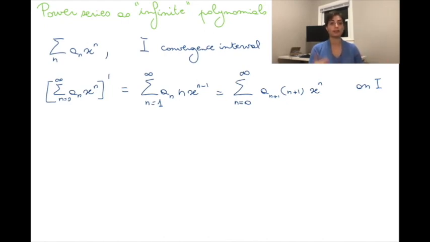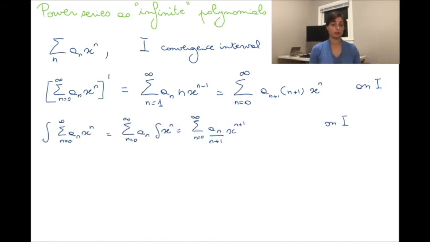So for example, we can take derivatives. A derivative of a power series is the sum of the derivatives. We can shift the indices in such a way that the sum still goes from 0 to infinity, but this is valid only in the interval of convergence.